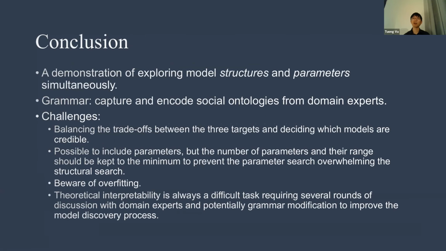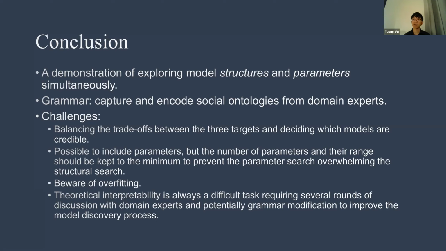So in conclusion, this demonstrated we can explore both structure and parameters simultaneously. The rammer can help you to capture and encode the social ontology from domain experts. But there are a lot of challenges, like how you balance the trade-off between different targets.